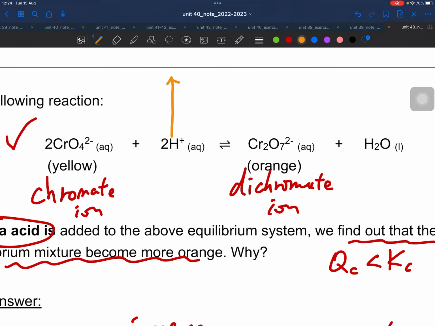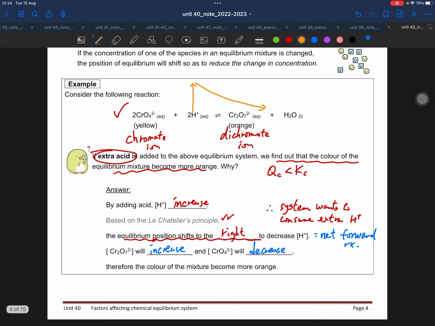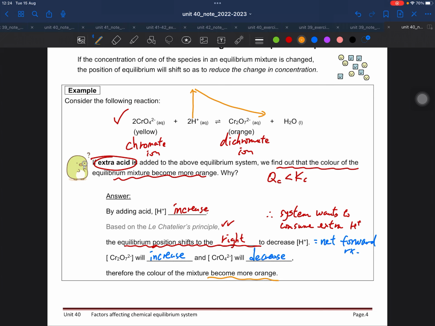Reactant side is higher than the product side. Then you imagine a ball will roll from high to low, right? The ball will roll to the product side. That means there is net forward reaction. So using this arrow allows you to handle whether net forward or net backward will be followed. So it becomes more orange.